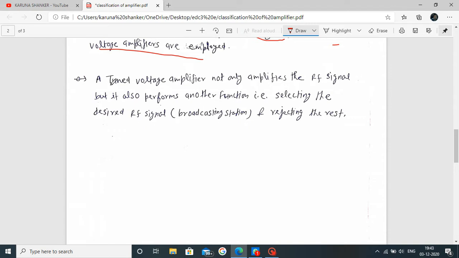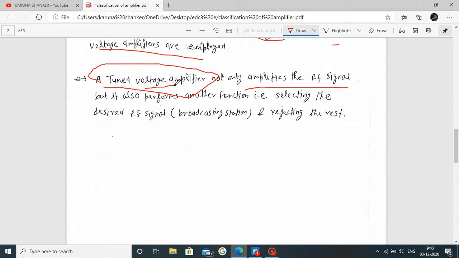The purpose of the tuned voltage amplifier in a broadcasting system is, first, to amplify the RF signal, meaning the radio frequency signal is amplified by the tuned amplifier.